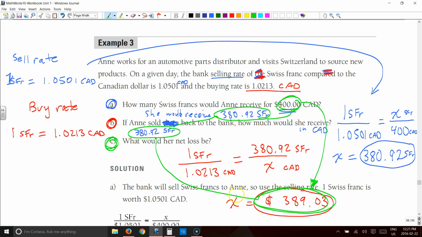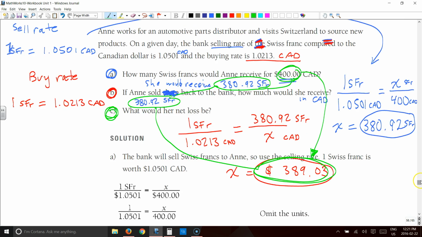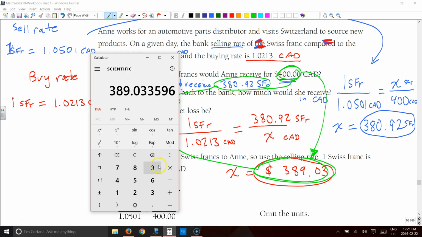So this transaction going back and forth between two types of money has cost her $400 subtract 389.03. So the difference between the two, I'm just going to ignore the negative symbol there because I've subtracted them out of order there. The difference is going to be $10.96. Well, we're going to round that up, $10.97.